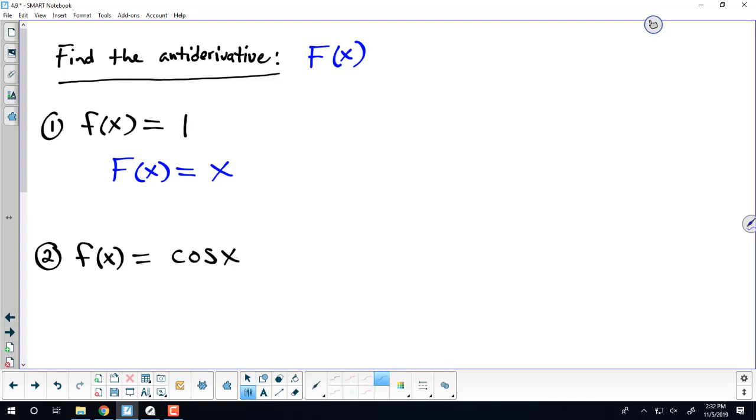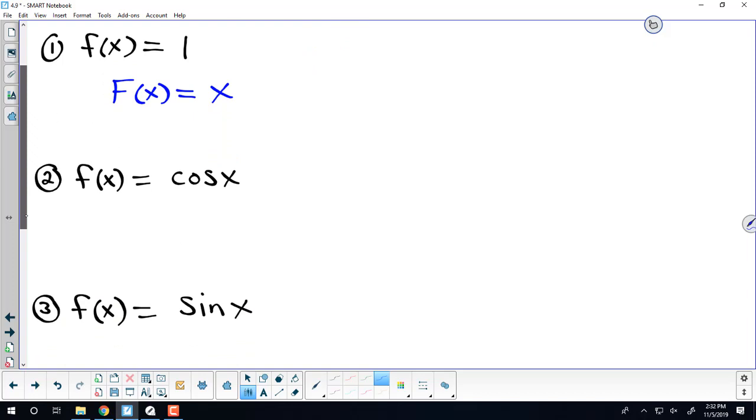What's the antiderivative of cosine x? Sine, because the derivative of the function sine is cosine. I'll write this for a couple of these.